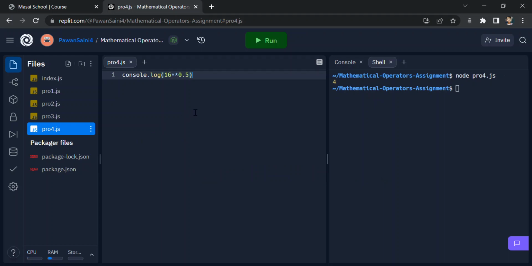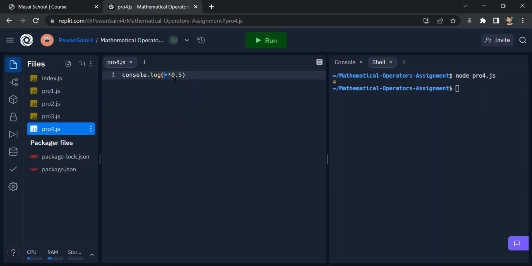So whenever we have to find the square root of a number, we simply put the power of that number as 0.5. On paper in mathematics we can simply put the number inside a square root sign, but we cannot do the same thing here in JavaScript. We have to use 0.5 to get the square root of whatever number we want.